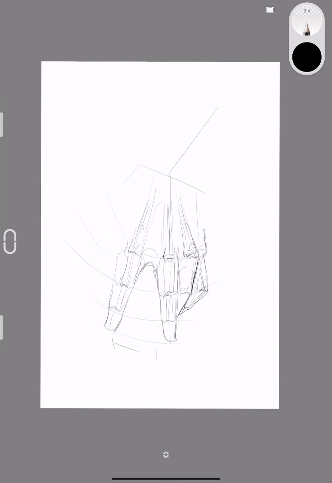From here, we've got the bend on that finger, bend on the negative space, volume around, and now there's a cushion area from the index finger towards the thumb.